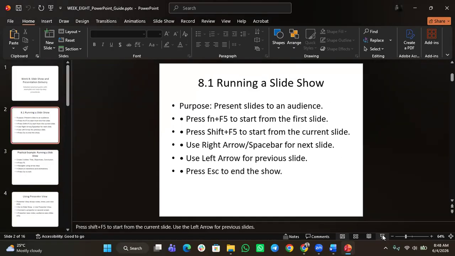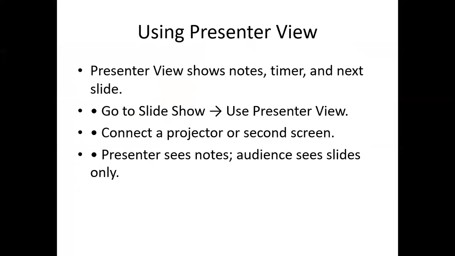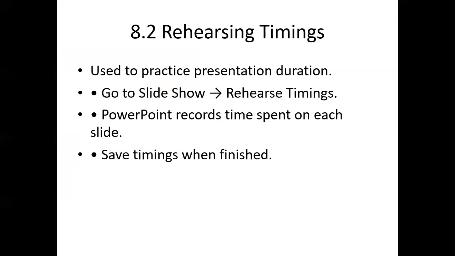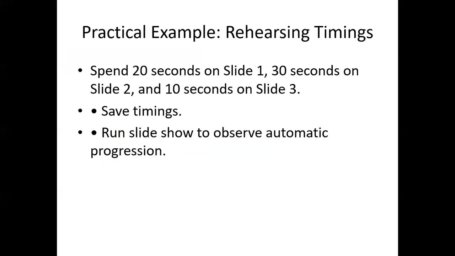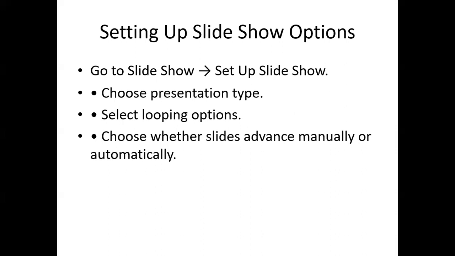I believe we are getting something. So like I said, use right arrow or space bar for next slide. Oh, very good. Space bar. Okay. So for example, if I click this and I keep pressing, you see that I press the space bar, or I press the enter key.